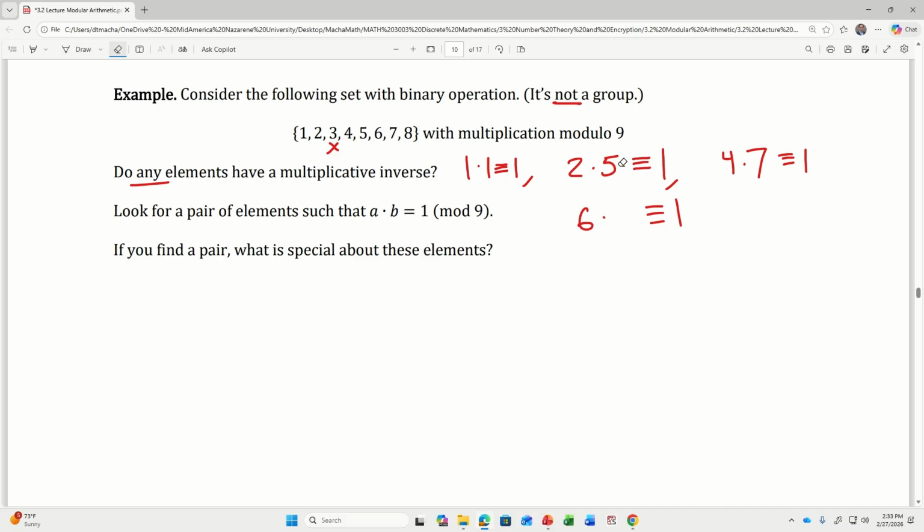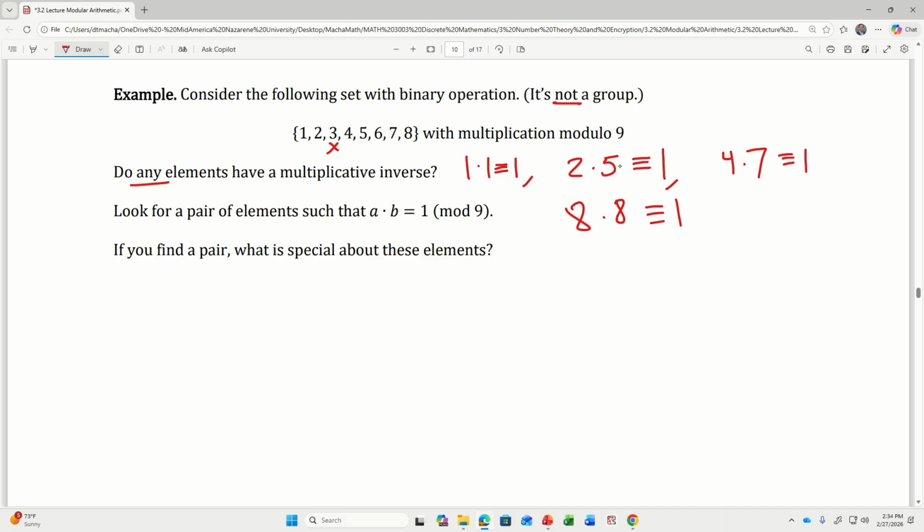And what about 8? Is there 8 times something congruent to 1? Yep. Nice, that was fast.